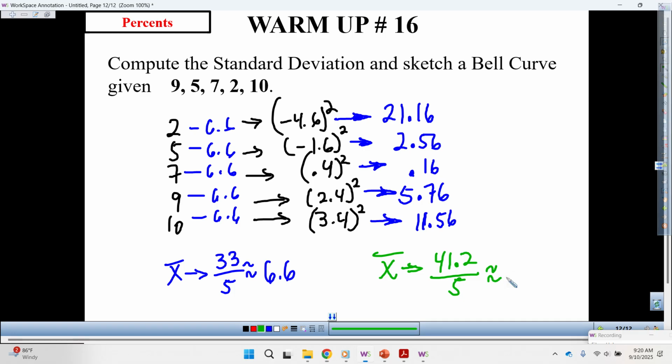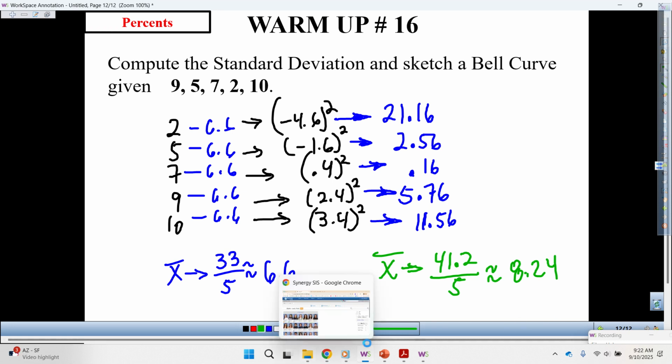What'd you get? 41.2 divided by 5. 8.24. Ooh, check this out. Who saw this? 8 and 24? No? Mamba mentality? No? What? Let's go.